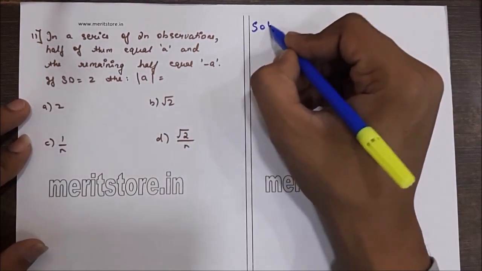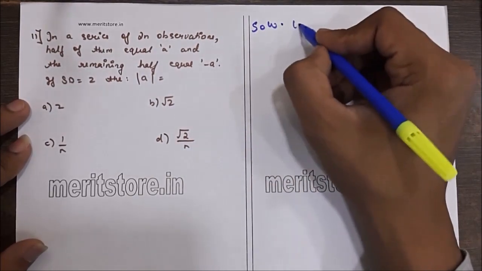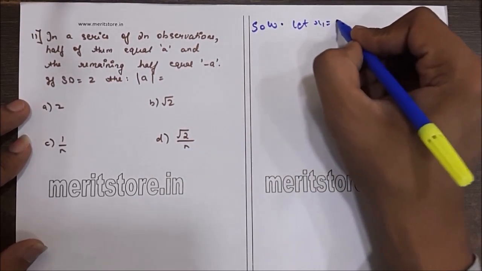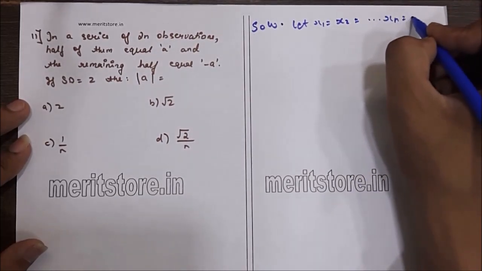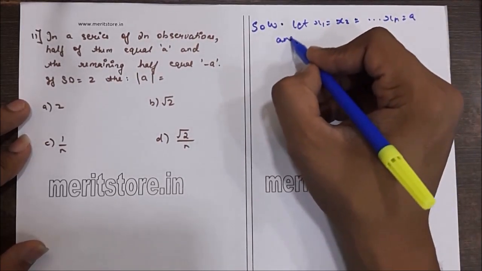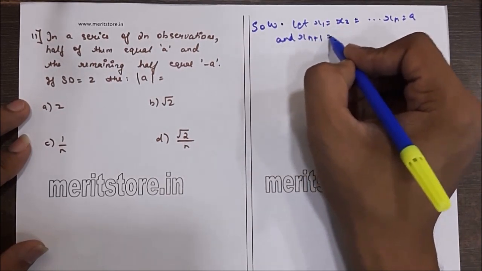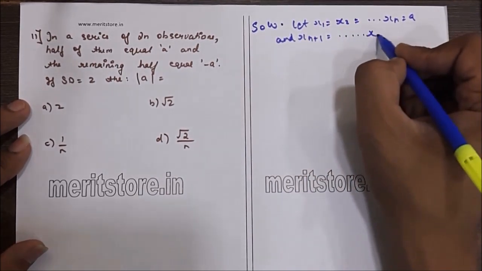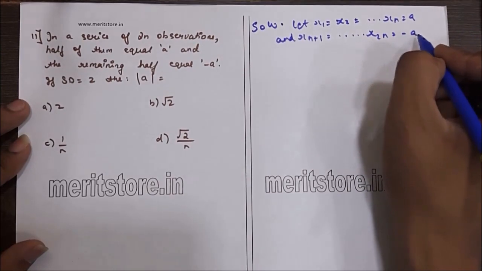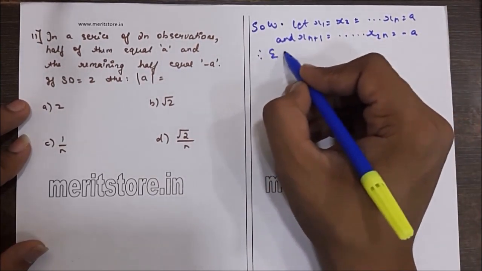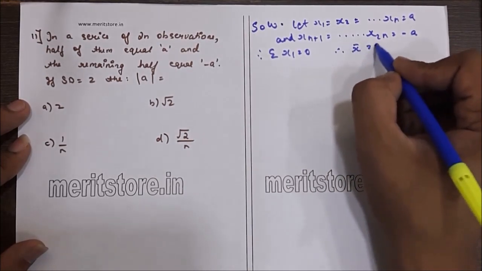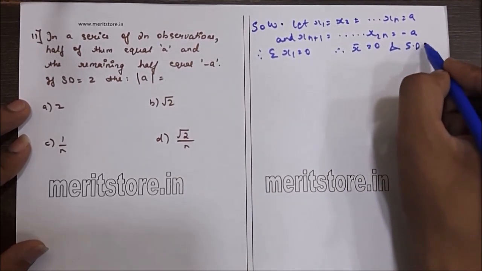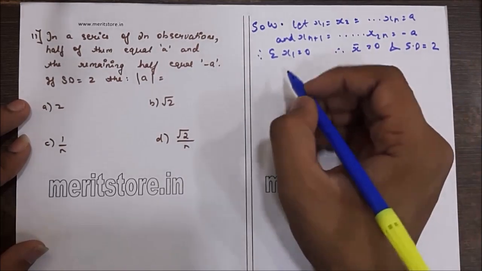Therefore, the solution is, let x1 equal to x2 till xn equal to A and xn plus 1 till x2n be minus A. Therefore, summation x is equal to 0. Therefore, x bar is equal to 0 and standard deviation is equal to 2.